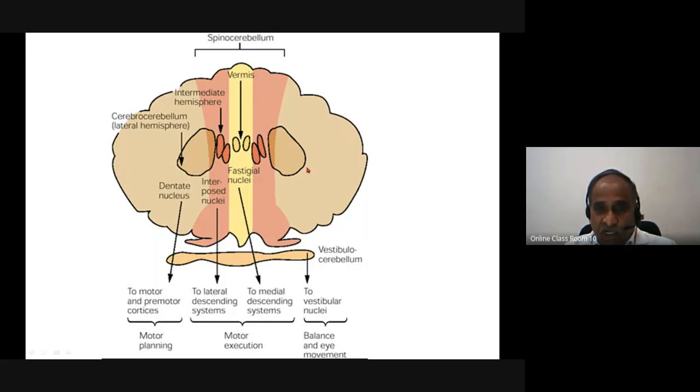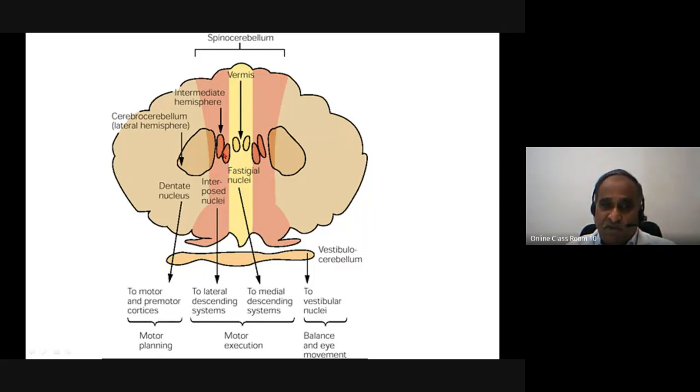The cerebellar nucleus present in the lateral part of the cerebellum is known as the dentate nucleus. In the intermediate part of the cerebellum, that is the spinocerebellum, there is the nucleus interpositus.